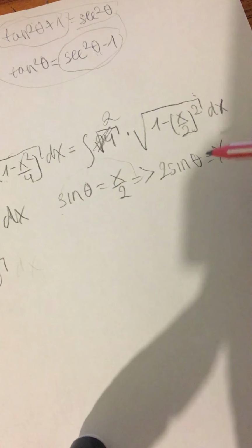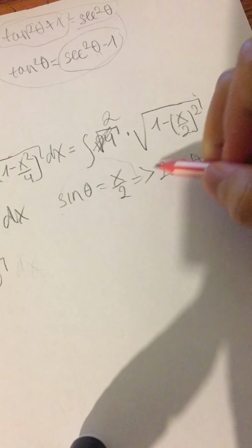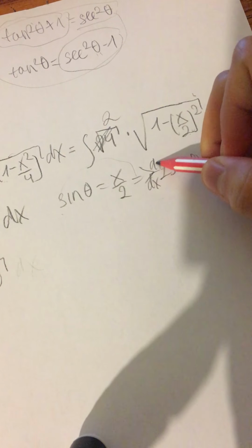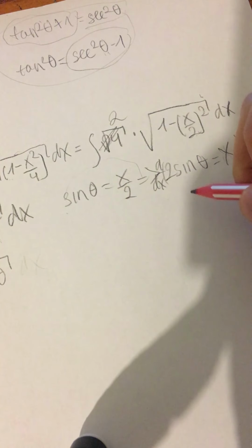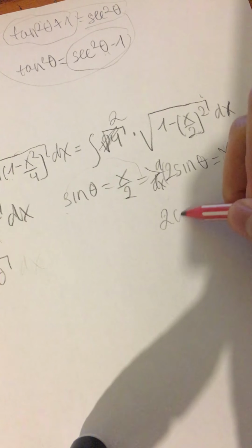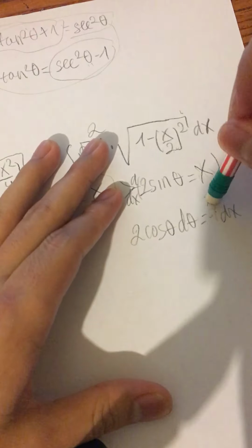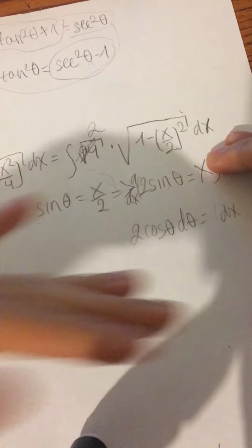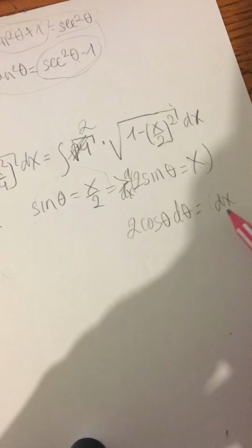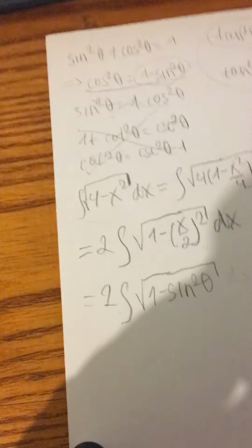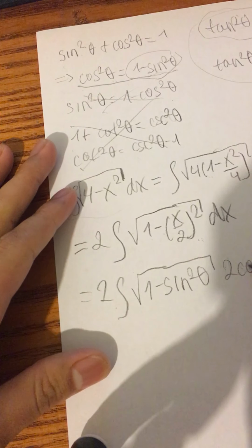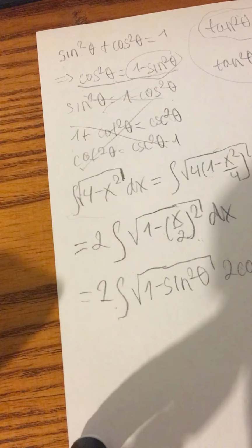Now let's differentiate this with respect to x. So this is going to be 2 cosine theta d theta equal 1 dx. So just dx. And so that implies that our dx, what we had over here, is actually going to be this expression, 2 cosine theta d theta.